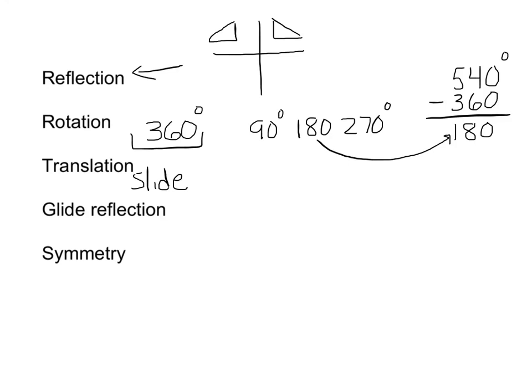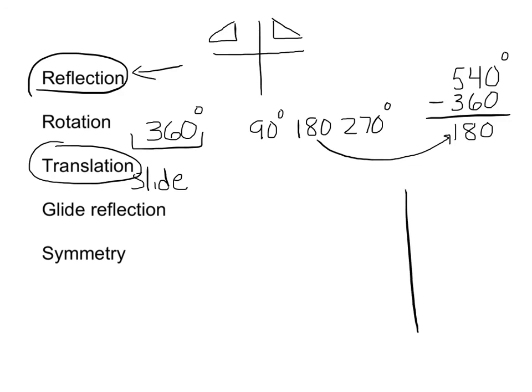The glide reflection takes the reflection idea and the translation idea and puts them together by first doing a reflection and then a translation, or vice versa. You're going to end up with an intermediate figure in between, but that will not be part of your answer. So if we take a picture like, say, this, and we do a reflection across the Y, well, this is just an intermediate step.